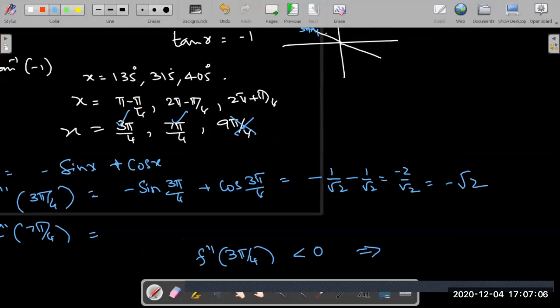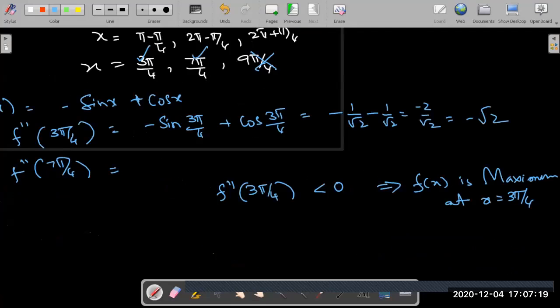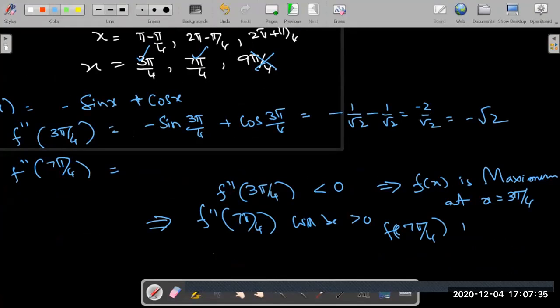That implies f of x is maximum at x equal to 3 pi by 4. If this is maximum at this place, the other place will be minimum. So that also implies that f double dash 7 pi by 4 will be greater than 0, and f of 7 pi by 4 is minimum.